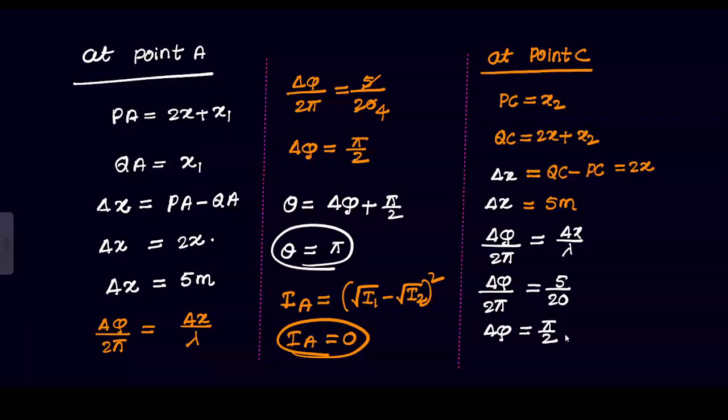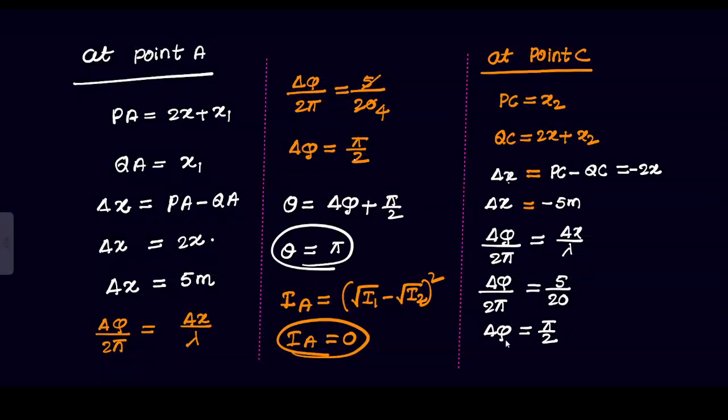So initially, how much do we have the phase difference? Here, this is delta x we did. Delta x will be PC minus QC, which will come as minus 2x, that is minus 5 meters.